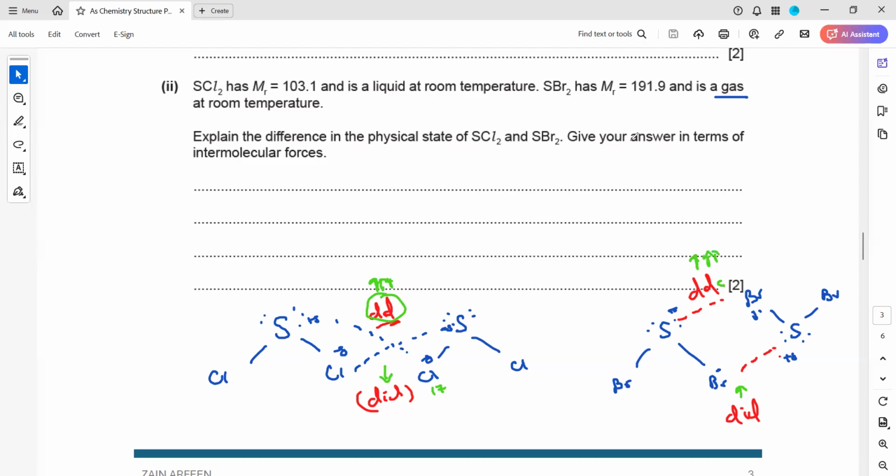If you were comparing only dipole-induced dipole force, this should have a high melting or boiling point and this should have a low melting or boiling point. But practically we found that this substance exists as a liquid at room temperature and this substance exists as a gas, so this one has a stronger force and this one has a weaker force.